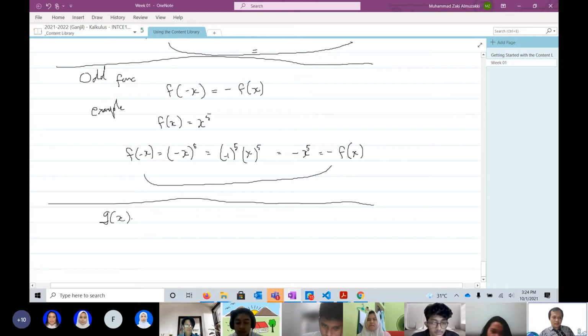g of x is equal to x power 3 plus x. Then how to check it?